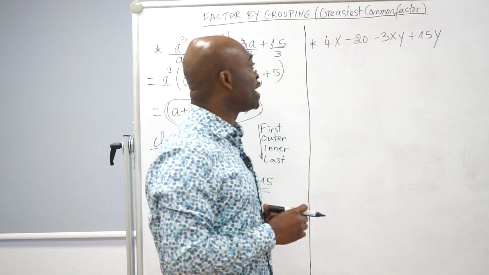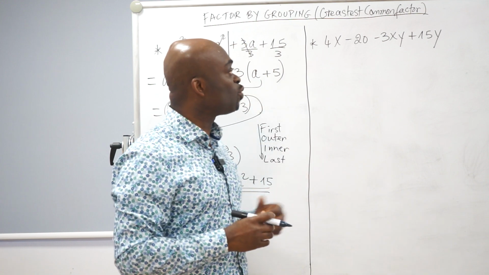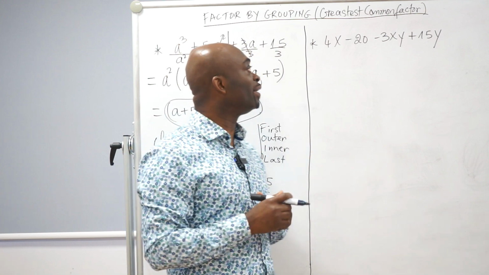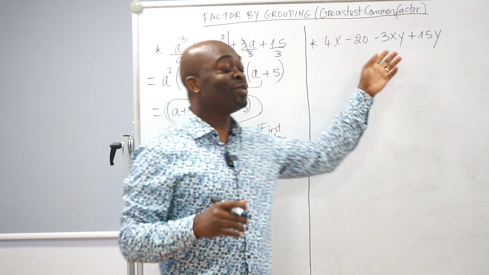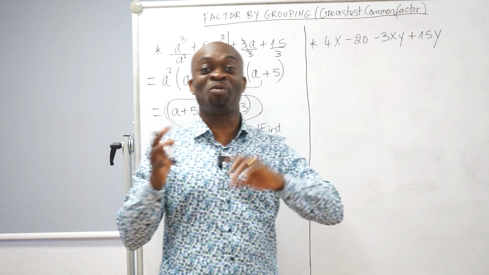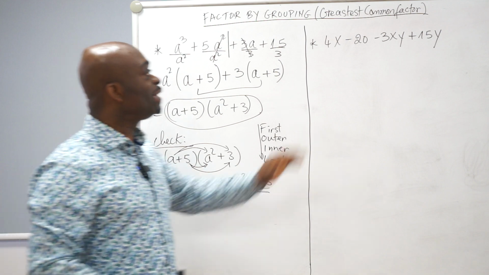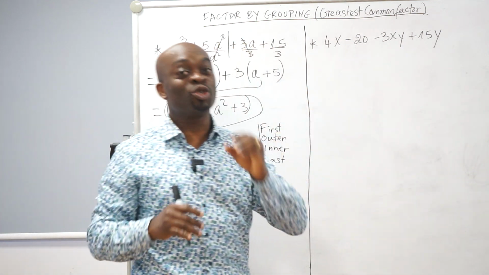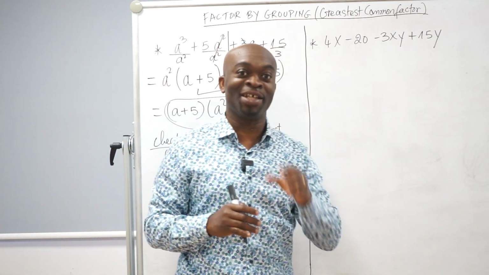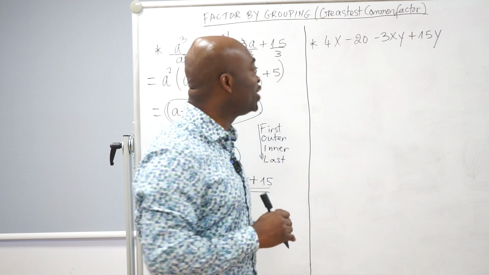So we have 4x minus 20 minus 3xy plus 15y. The good news is that now we're dealing with two variables, x and y, which is different than the one here where we're only dealing with a. But you should not be shaken. You should not be scared, because now we're good, okay?